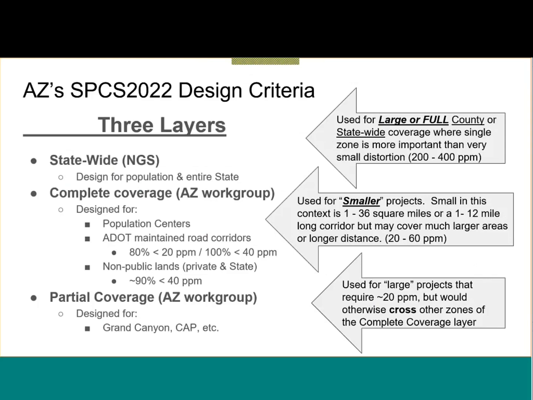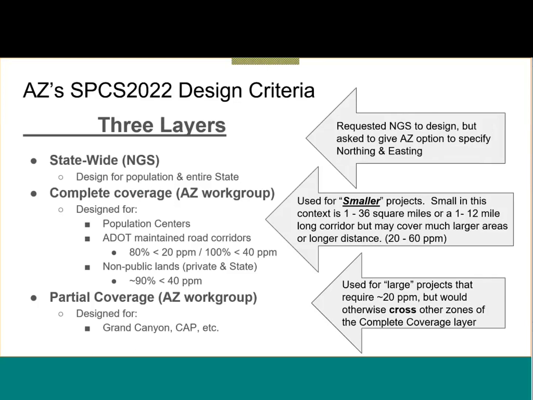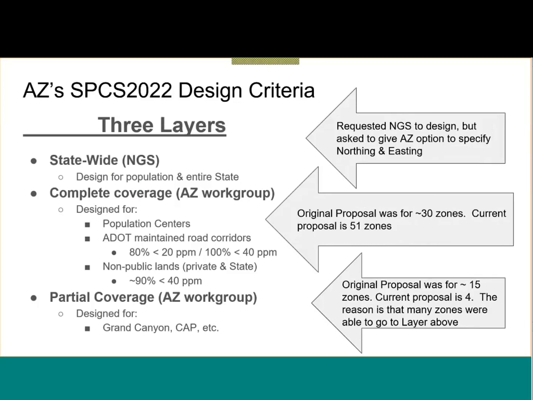That number did change. If you click one slide, Michael. Originally we had said about 30 zones in that layer 1, the middle layer, and about 15 zones in the partial coverage. Once we got into designing, we noticed a lot of the partial coverages shifted over into the quilt, and right now we're sitting around the 50-ish number for Arizona, plus or minus a few.